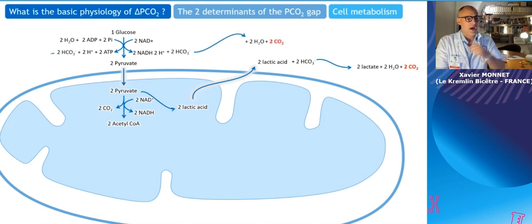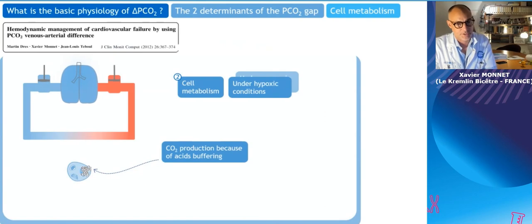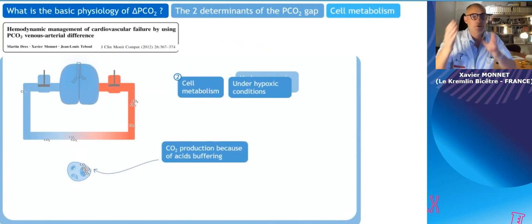And also the hydrolysis of ATP produces H+ ions that are buffered by bicarbonates, which again produces CO2. Anaerobic metabolism produces CO2 by buffering of the produced acids, and this may increase the PCO2 gap.